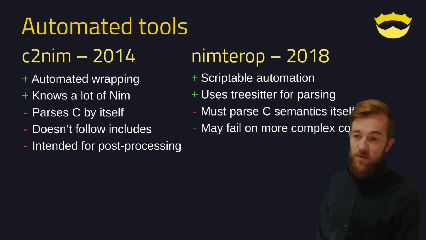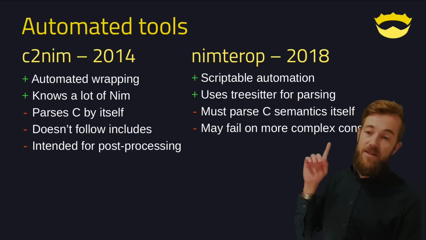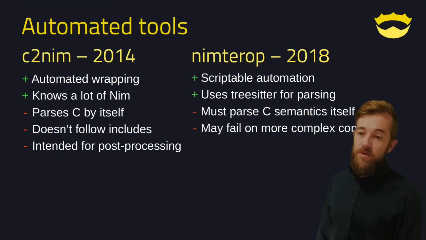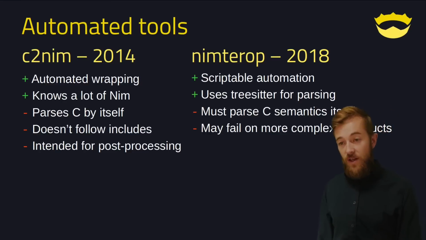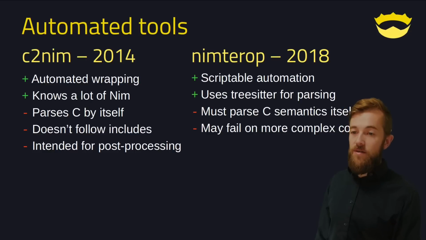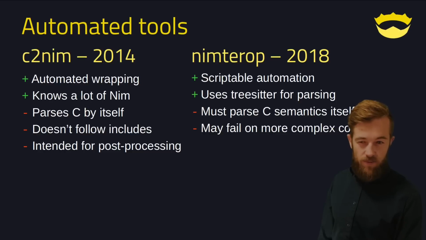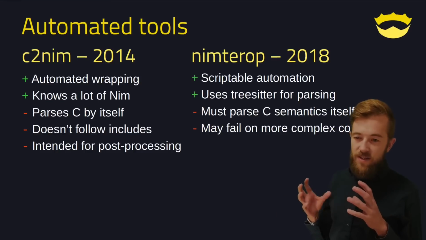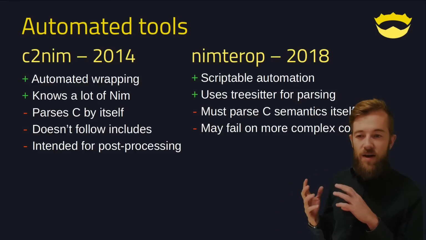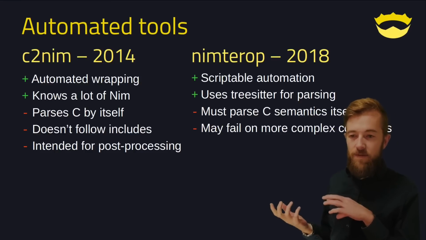However, NimConf still has to parse C semantics. So the tree sitter algorithm parses the C syntax, but NimConf is still left figuring out stuff like, okay, this returns this type. What is this type? Where can I find this type? And stuff like that. So it still has to do a lot of the complicated C stuff.